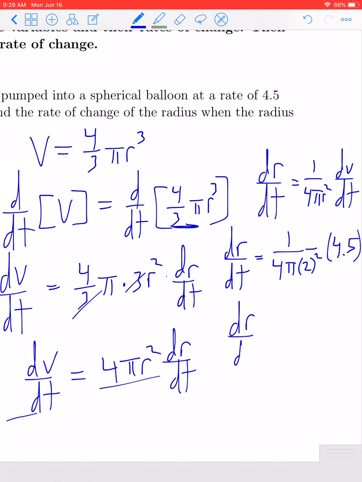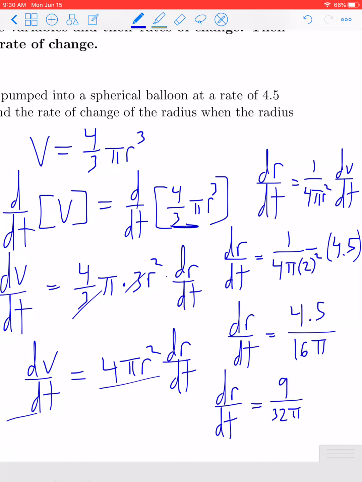We would get that dr/dt is equal to 4.5 divided by, in the denominator, 2 squared is 4. 4 times 4 is 16. So this would be 16 pi. And if you didn't want to have an improper fraction or something goofy with the 4.5 up top, you can multiply top and bottom by 2, and that would give us 9 over 32 pi.